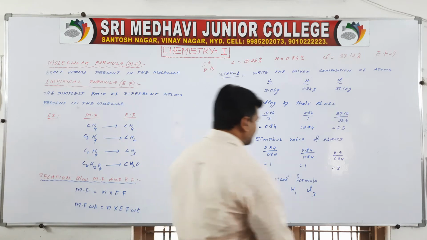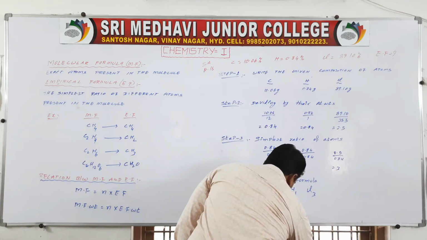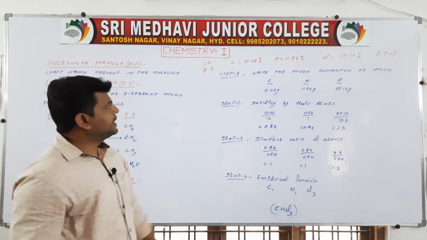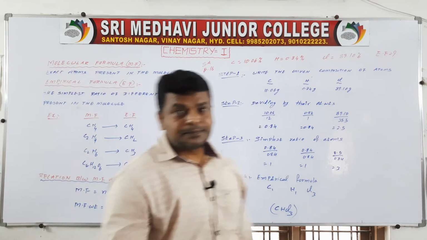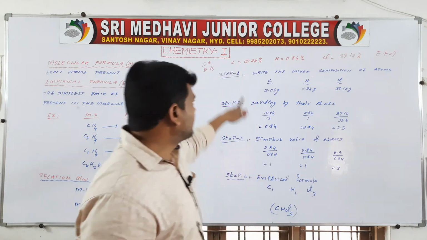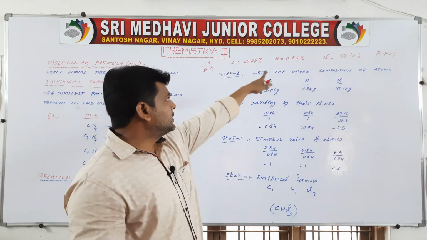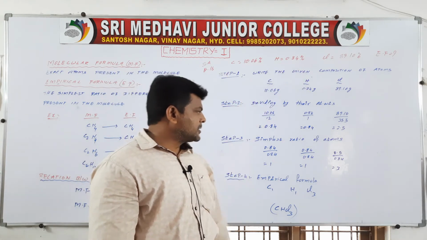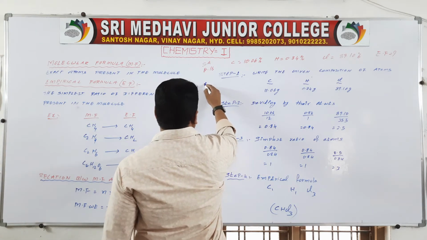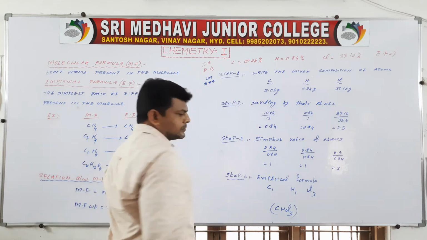CHCl3 is the empirical formula. So this is the way we calculate the empirical formula of the given compound when composition is given. Carbon, hydrogen, chlorine, like this we may solve. It is very important for 4 marks.